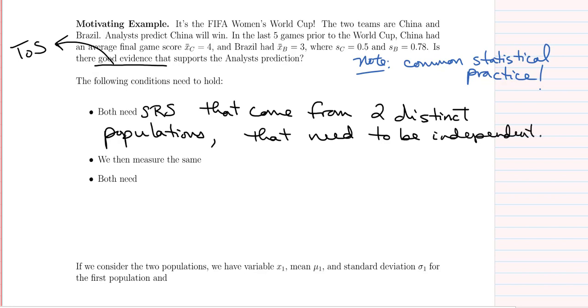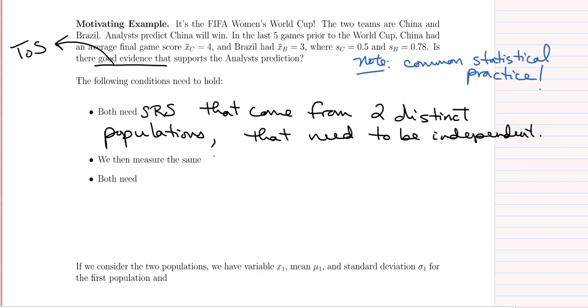Our populations here are the game scores for China and Brazil. Does one score influence the other? Well, I think as long as the teams aren't playing against one another in these 5 games, then one team's score doesn't really influence the other.